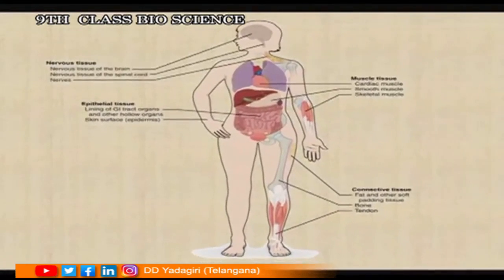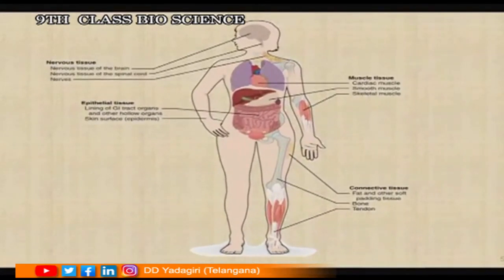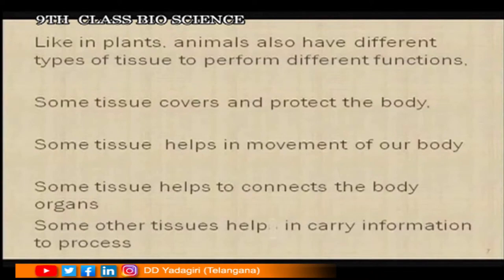With the help of these tissues, the organs and organ systems carry out different functions. Like plants, animals also have different types of tissue to perform different functions. Some tissues cover and protect the body, some help in movement of our body, some help to connect the body organs, and some other tissues help in carrying information to process.